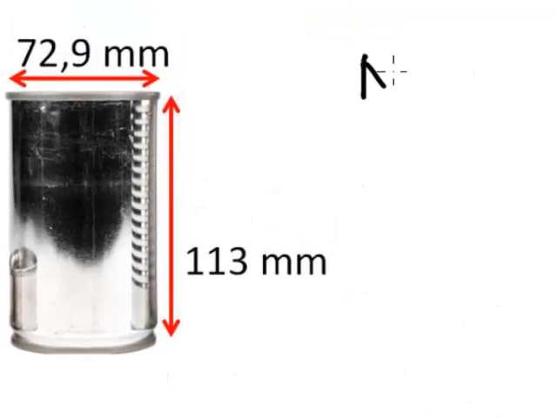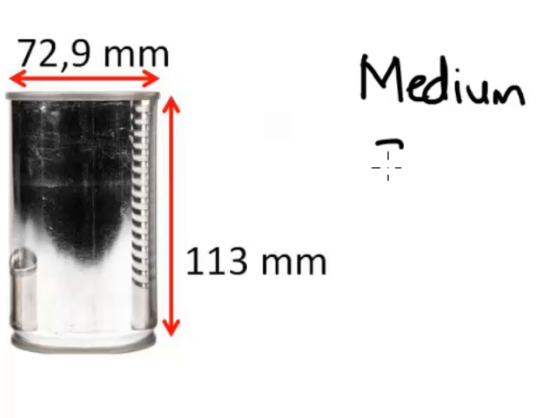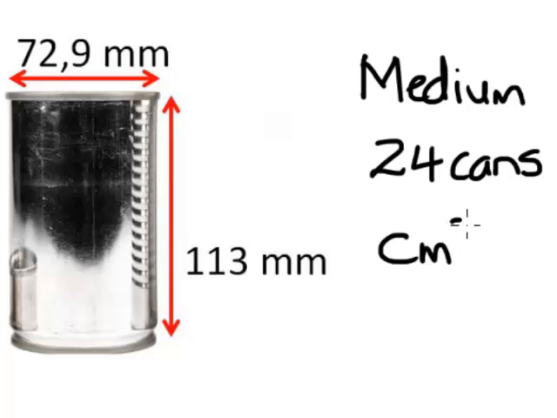Okay, so here we've got our medium-sized can. Now this can also comes packed in cartons holding 24 cans. What we want to do now is calculate the minimum amount of cardboard, and we want that in square centimeters in order to make 1 carton.